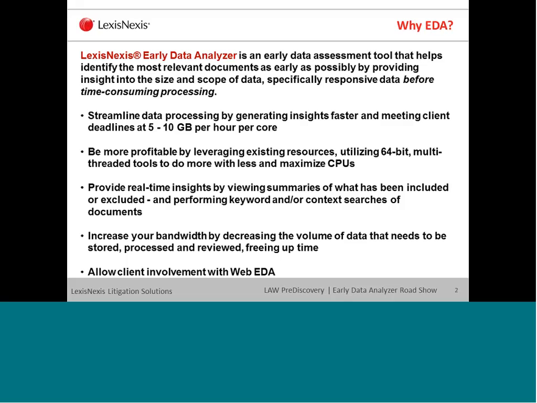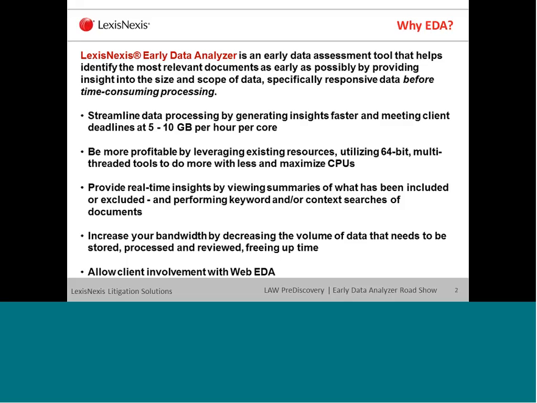EDA is built on 64-bit multi-threaded tools, so you're able to do a lot more with less. And then the next big piece is to provide some of those real-time insights, viewing some summaries of what's been included or excluded, some of the reporting features, and also being able to perform some keyword and context searches of documents. And again, all of this is being done before you've even moved any data.